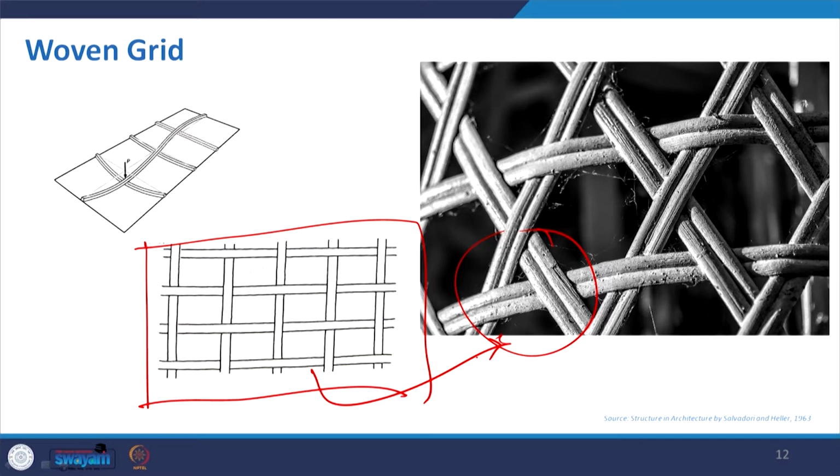Now, in this case, why is it more effective than the previous one? Here you can identify, if you see this image before deflection, you have one particular beam at the top and then you have other members just below it. So, they are not in the same plane.